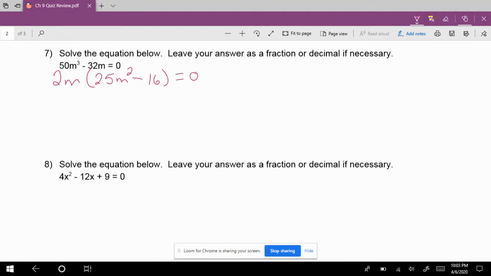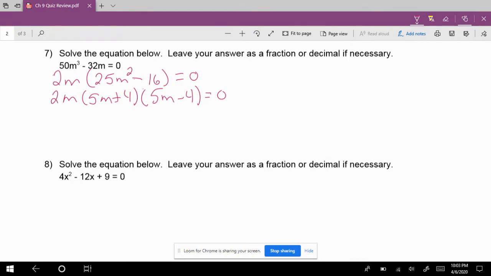Now, from here, I can go a couple of directions. I can recognize that 25m squared minus 16 is a difference of two squares, so I can continue factoring. This would be 5m plus 4 and 5m minus 4. Or if I wanted to, I've got the zero product property in that first step.